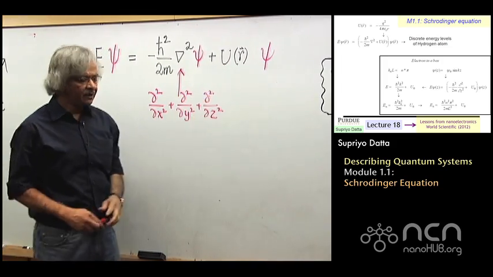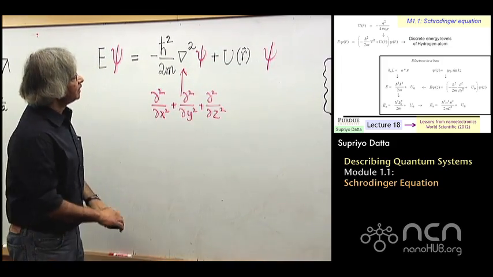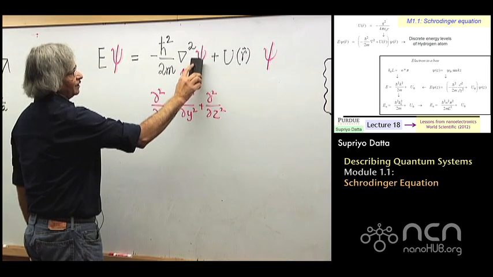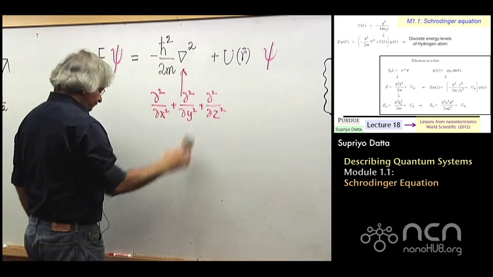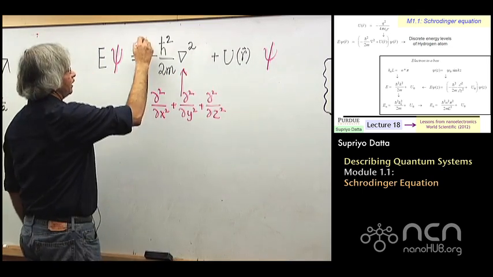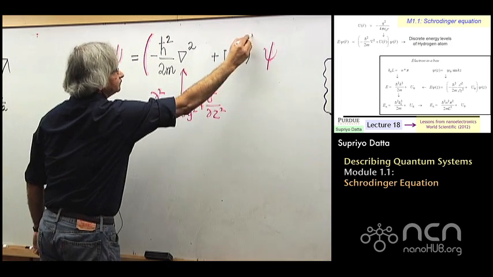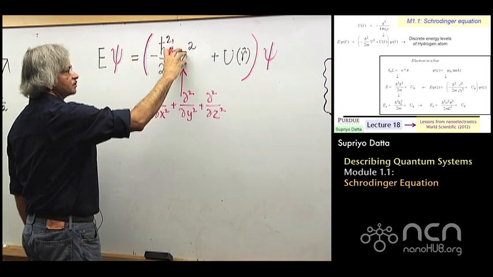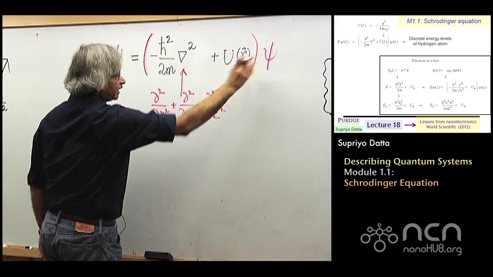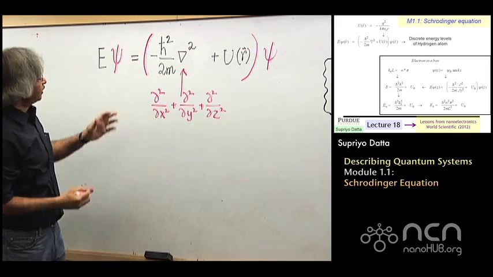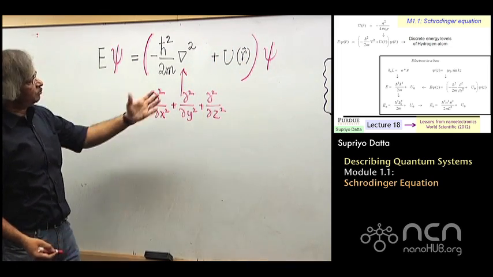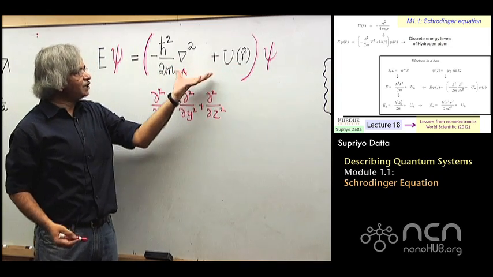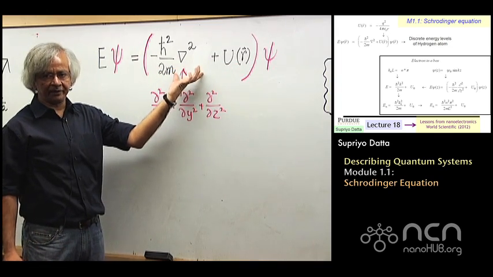times psi. Sometimes people don't write the psi here. Instead, they would write it this way, put a parenthesis here. The understanding is that this differential operator acts on that psi. Then you can write it as E psi equals H psi, where H represents this differential operator.